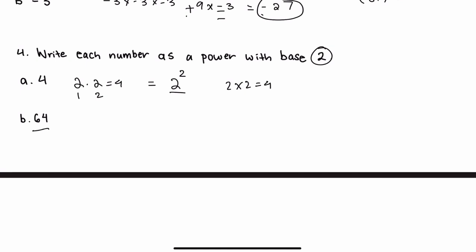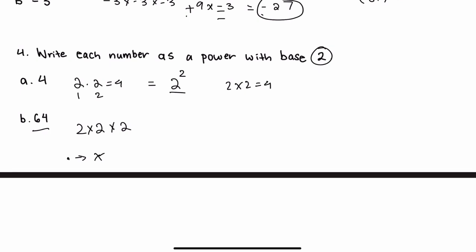So that's what the answer for that would be. And now we have this big number, 64. So how many times would 2 go into 64? So we can do 2 times 2, which would be 4, times 2. Sorry guys, this is also another way of writing multiplication. So let me just write this for you guys.